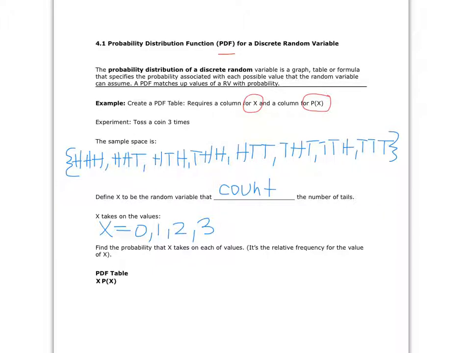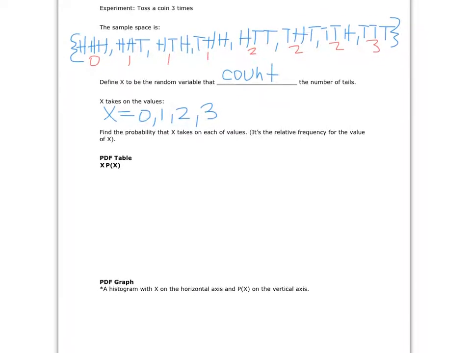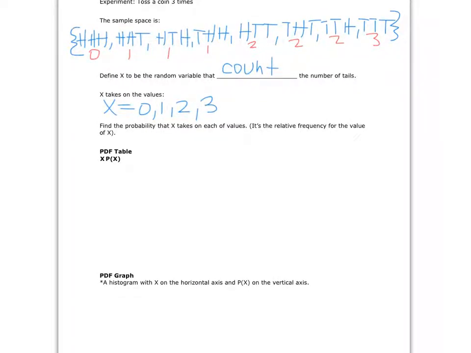So if we want to just write down the random variable value for each of those outcomes that we got in the sample space, we have 0, 1, 1, 1, 2, 2, 2, 3. Okay, so we found the values that x takes on. So we can create that column. So it takes on 0, 1, 2, and 3.